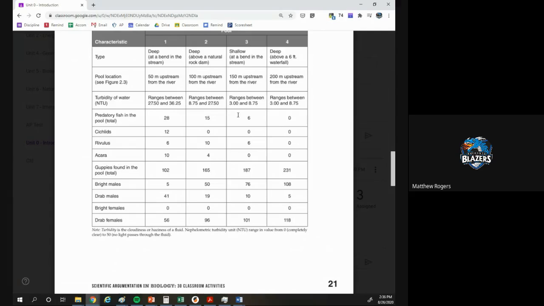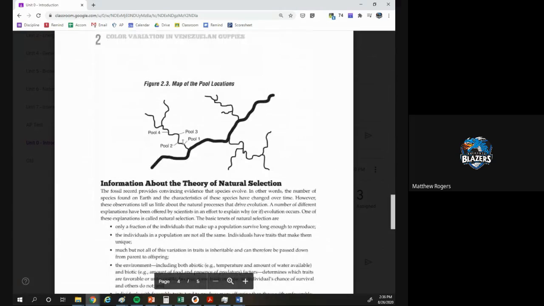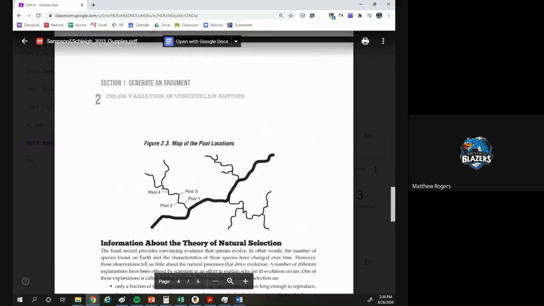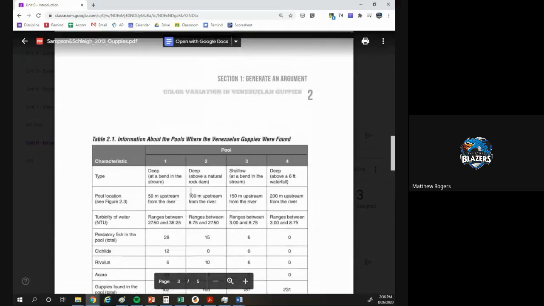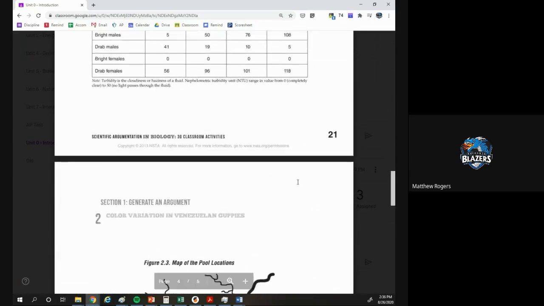The real answer has a lot to do with the next page. The next page shows you where these pools are: pool 1, pool 2, pool 3, pool 4. Also on this page, it talks a little bit about natural selection, but the pool locations are important. And if you come back up here, you'll see where they are right here and the explanation here. So it kind of just gives you an idea how far away they are from the river.